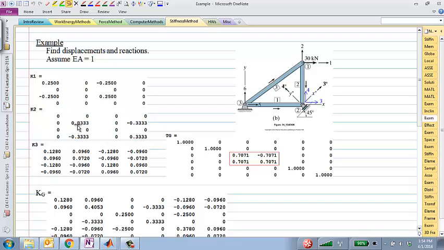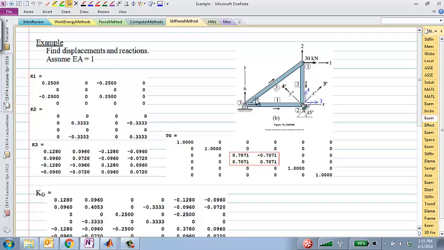In the local coordinate system, it would have been exactly this matrix up in 1, 3 rows and columns. Okay, so transformation for horizontal and vertical members is either trivial, like for element 1, or very simple for element 2. Transformation for inclined members takes some amount of work.